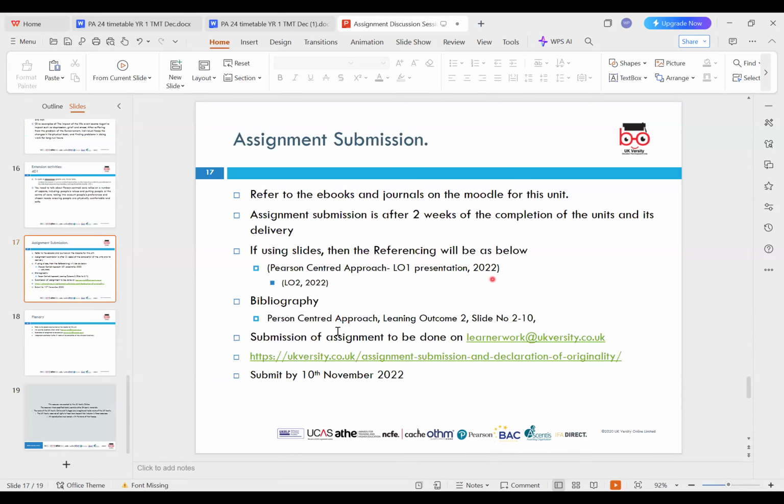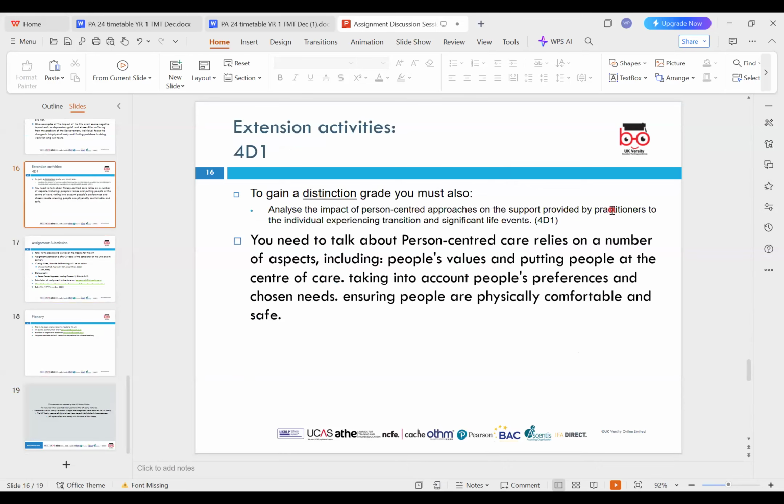Please use whatever references we've shared with you already. When submitting the assignment, we are to submit the assessment also? Yes. The assignment and the assessment are not different, because we are assessing you through this assignment.